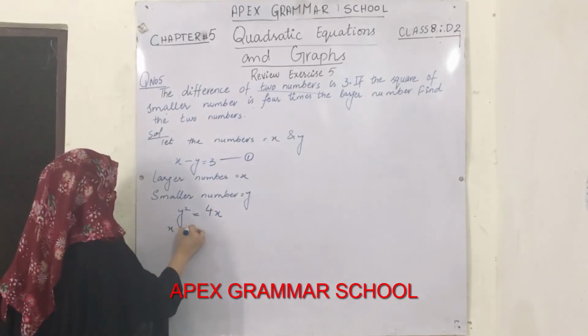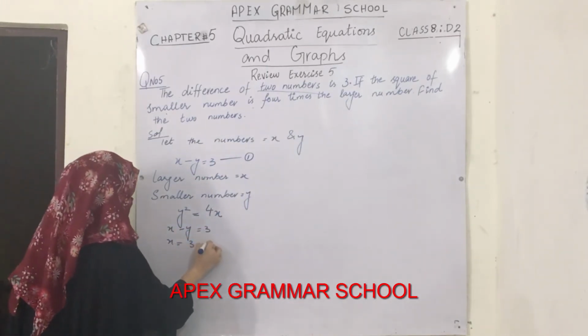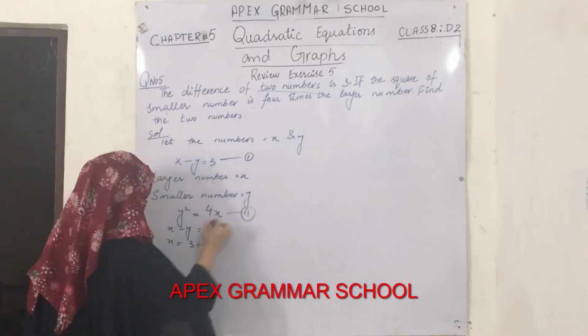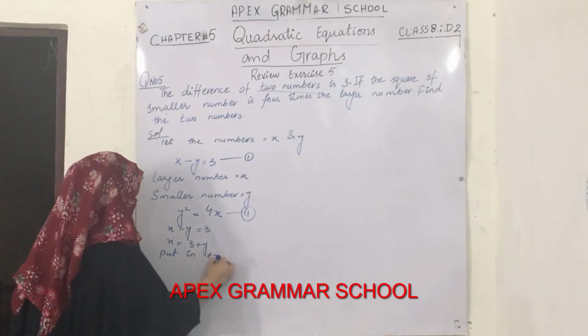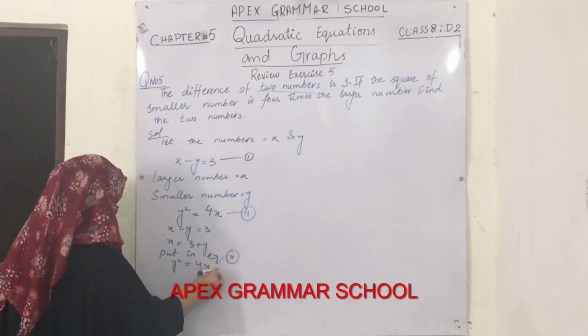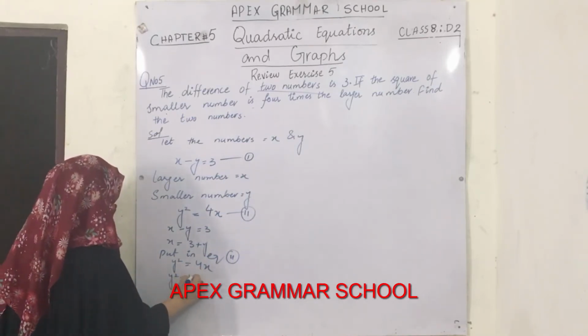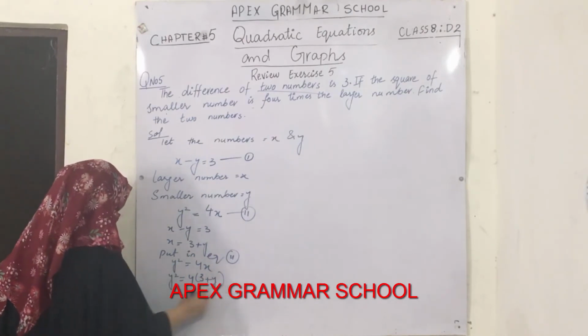If x − y = 3, then x = 3 + y. I am going to put this value of x in equation 2, y² = 4x. So instead of writing x, I am going to replace x by 3 + y.